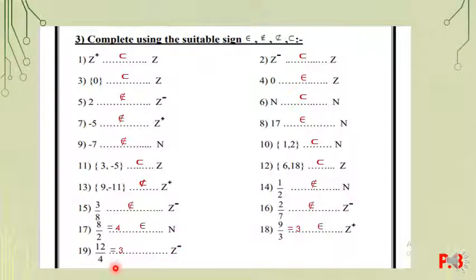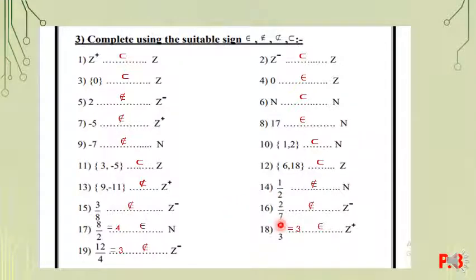Can we find a positive number inside Z negative? Of course not, so doesn't belong. So here we need to pay attention. When we have small over big in the fraction, no problem, it will be doesn't belong anyway.